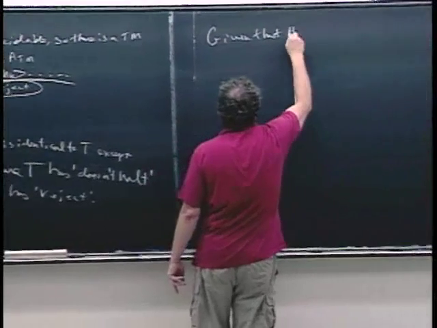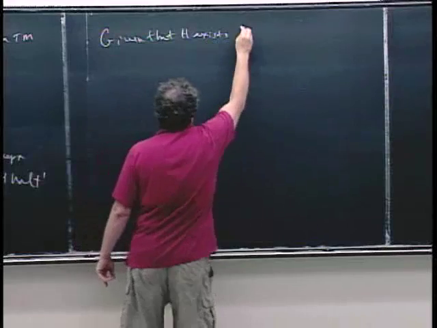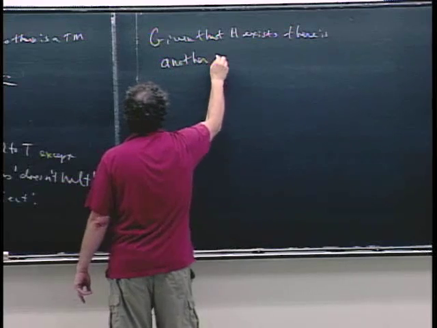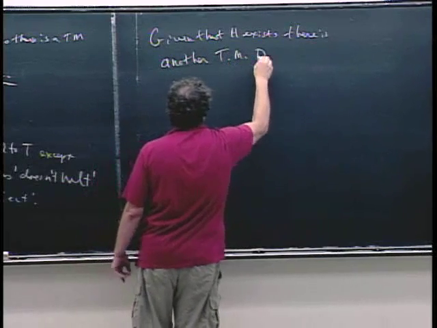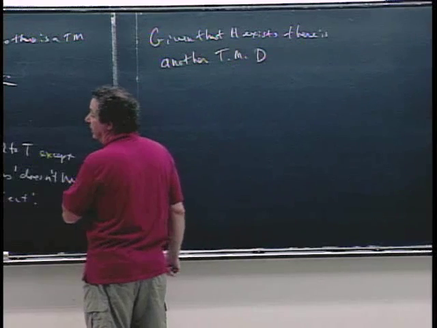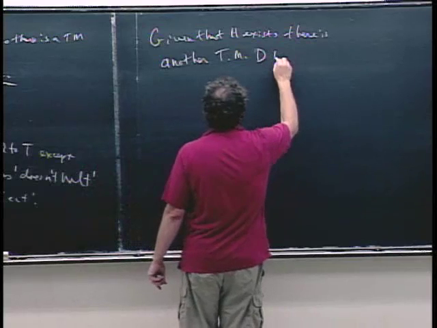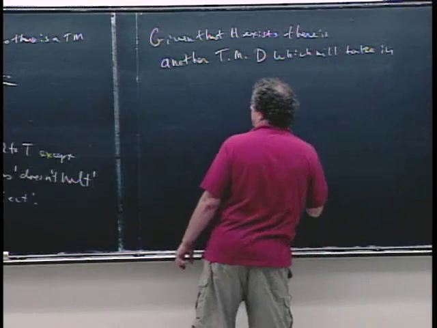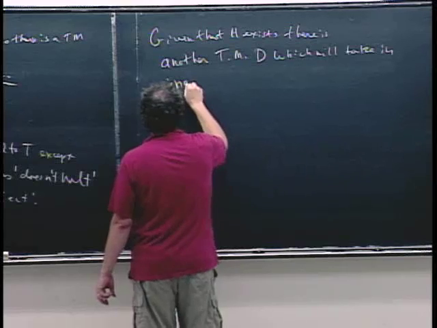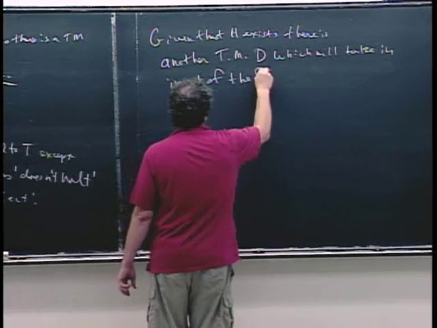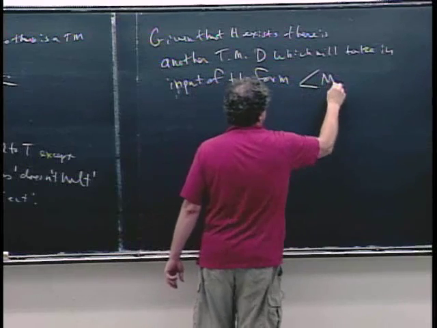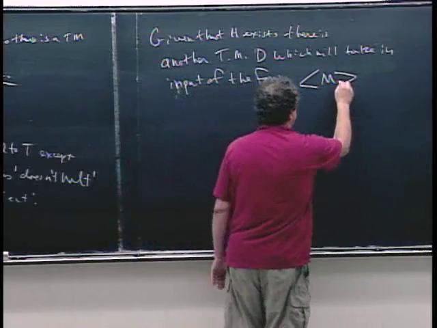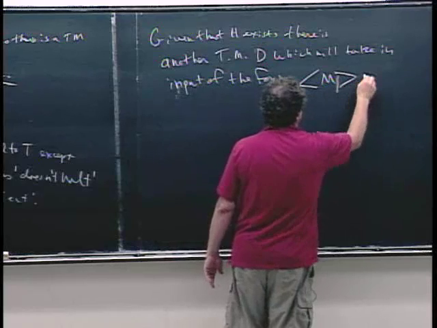Given that H exists, there is another Turing machine, call it D. D will take in input of the form, the description of some Turing machine, maybe I'll subscript i.